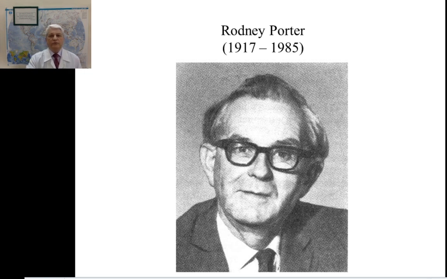These two scientists studied immunoglobulins for many years, beginning from 1959, and they divided the molecule of immunoglobulins into fragments, into chains. Then they studied the amino acid sequence of immunoglobulins, and finally they produced the scheme of structure of immunoglobulins, which is completely correct.